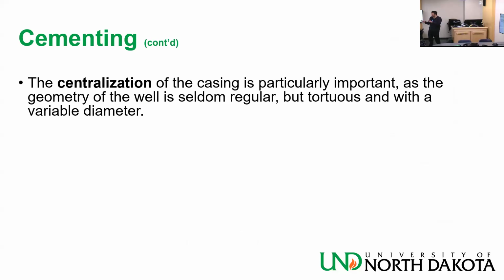Because remember, the casing is thicker, wider than the drill pipe. It's easier to get it stuck. So you need to make sure it stays in the middle. The centralization of the casing is particularly important as the geometry of the well is seldom regular, but tortuous and with a variable diameter.